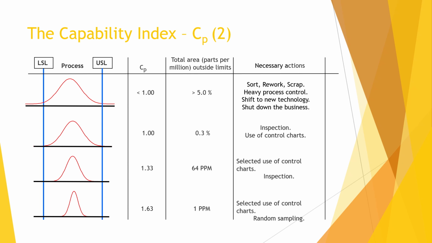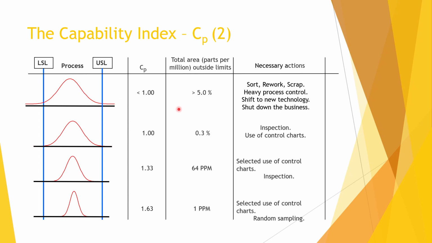Here it goes, y'all. The capability index, CP. Whoa, this is not good at all. You see all the dots? Let me take out my little highlighter. Y'all see all the dots right here? Not good at all.